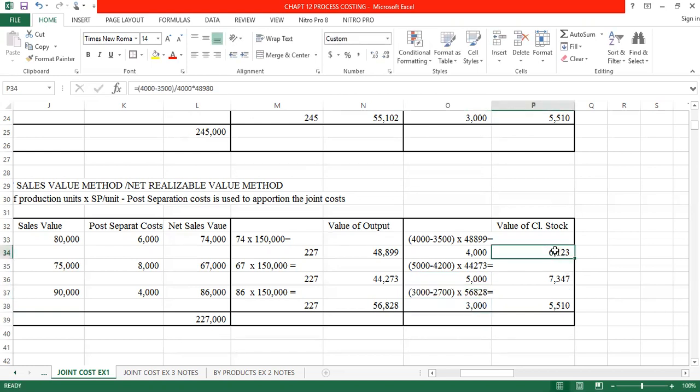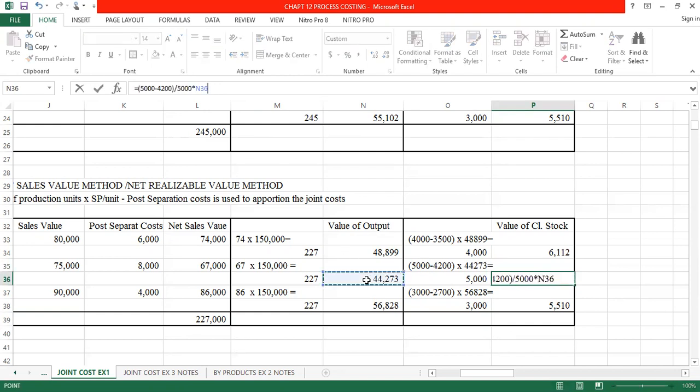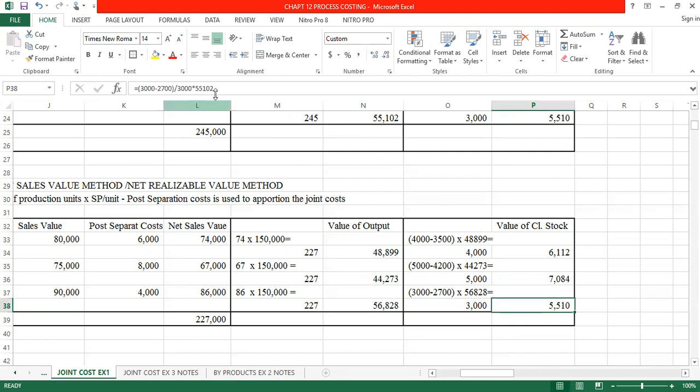So of course it will be times that, and this one will be times that. So we are done with the three methods.